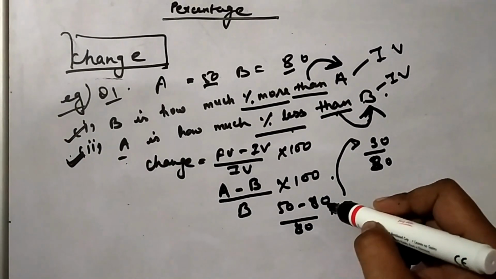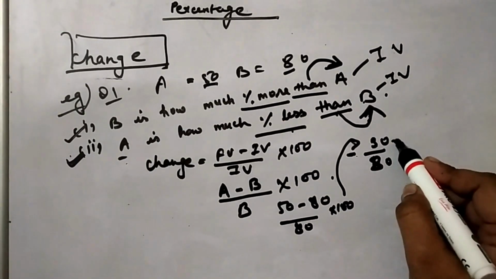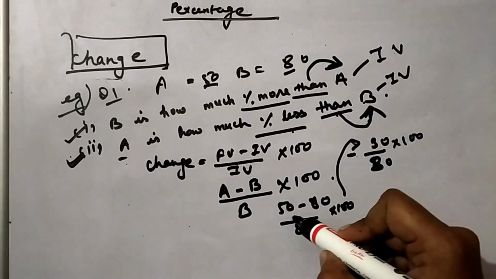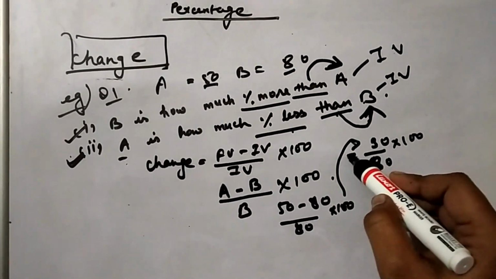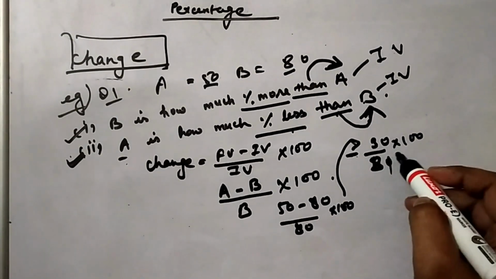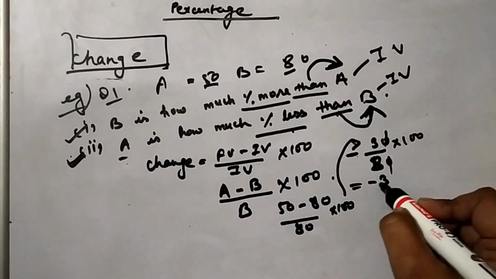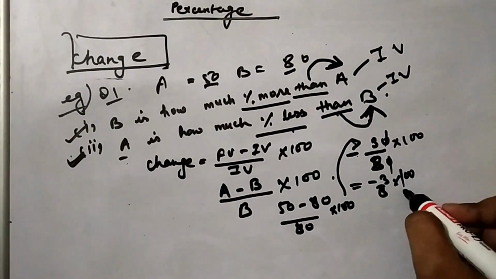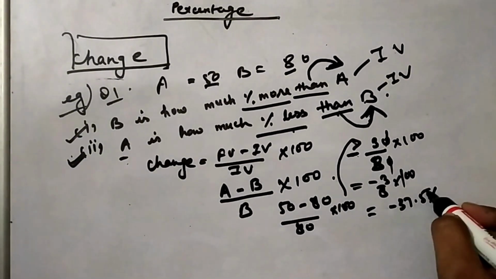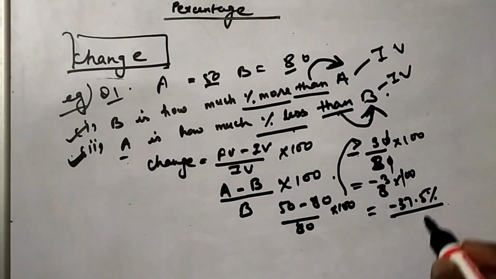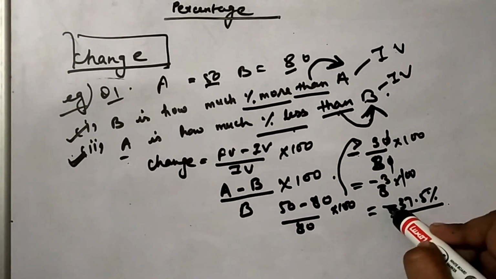this value as minus, because we are subtracting 80 from 50, so the bigger number is having the minus sign, so we will take the minus sign. So it will become minus 3 upon 8 into 100, and approximately minus 37.5 will come. So what is the minus sign showing?